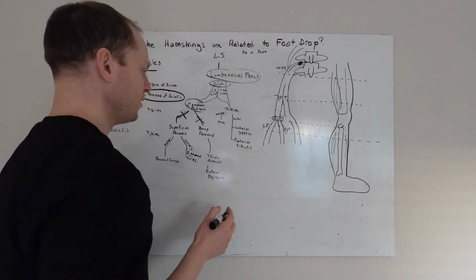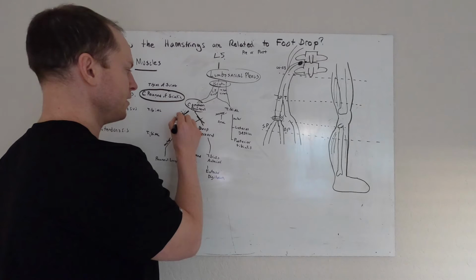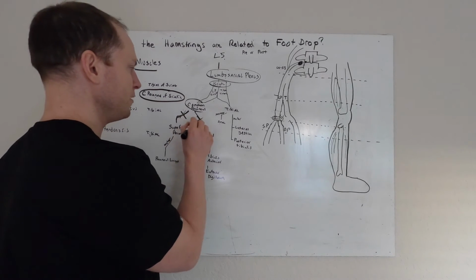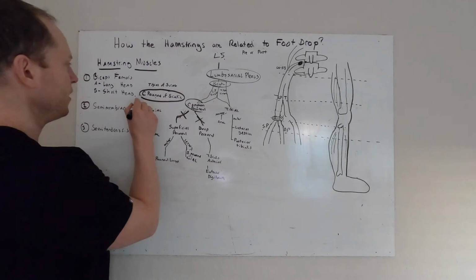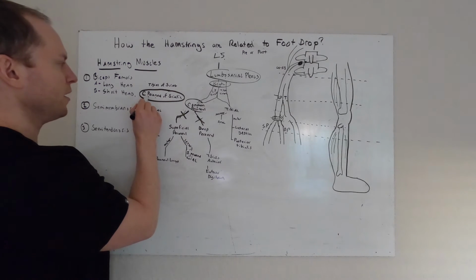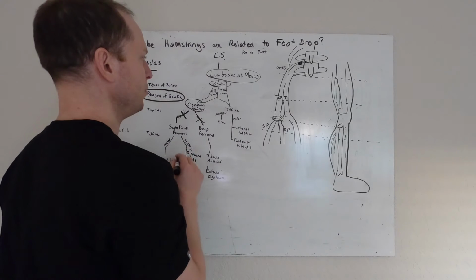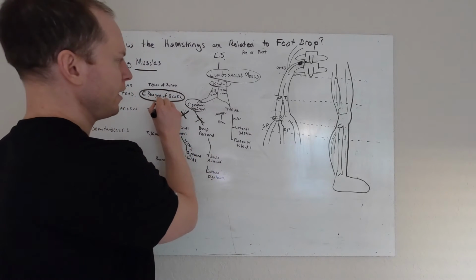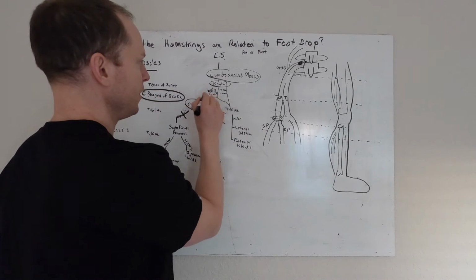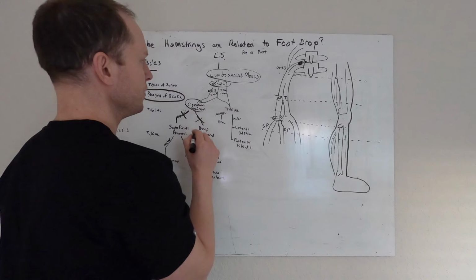That doesn't really help us much, except to know that it's not going to be either one of these two, but both of these. So that's where knowing the short head of the biceps femoris is innervated by the common peroneal division of the sciatic nerve comes into play. If we needle this short head and it's normal, then we know this is okay. So we know the sciatic nerve is okay.